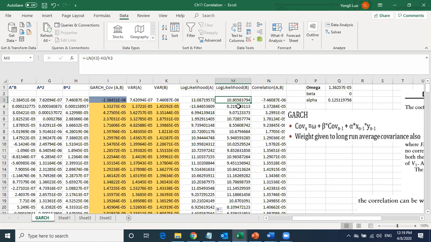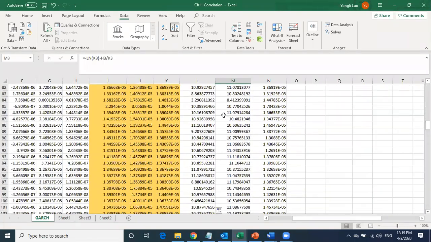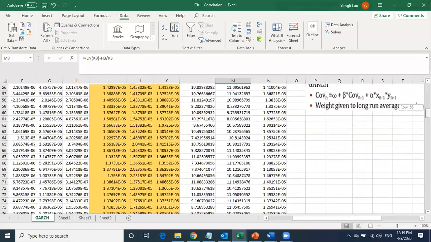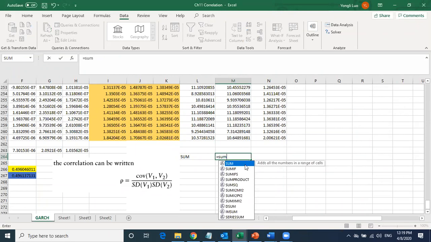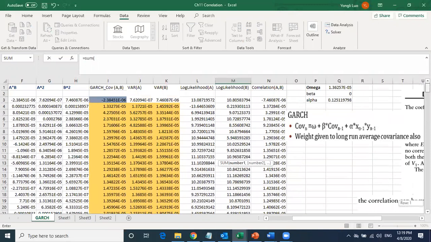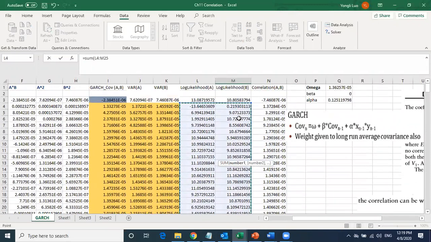So you can get the log likelihood, and you sum them all up.